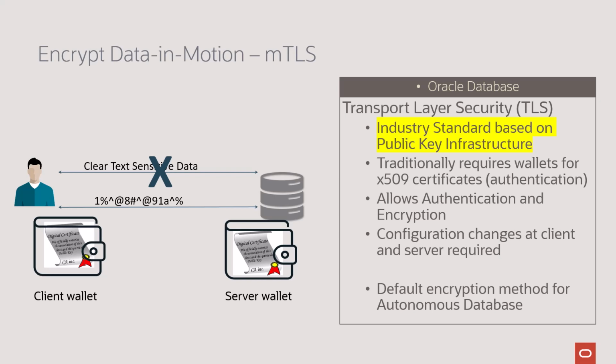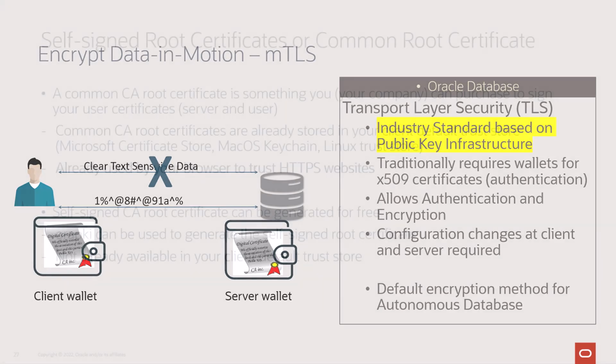So it depends exactly on which case you are, but if your client is, for instance, already deployed securely within a private subnet, that's one of the conditions that allows the walletless client configuration to Autonomous Database.